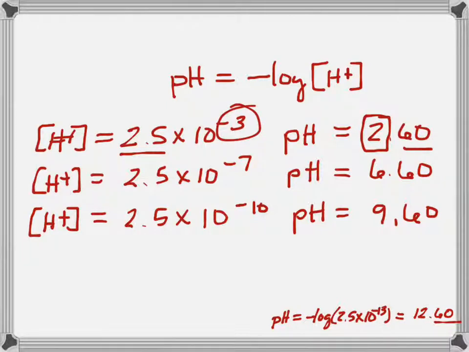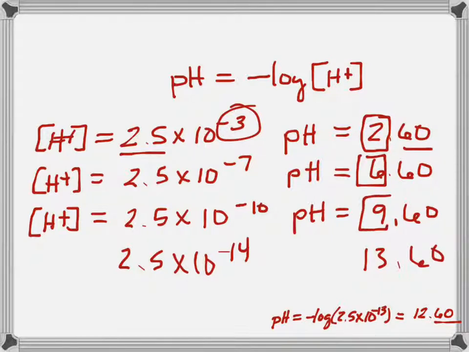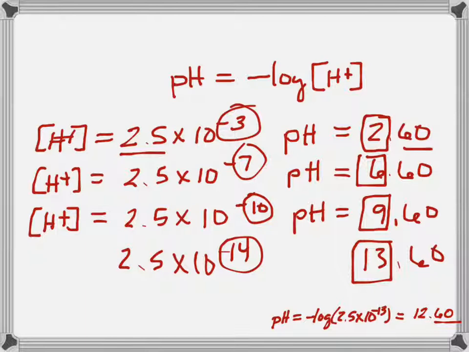So the numbers before the decimal point, if it was 2.5 times 10 to the minus 14, then it would be 13.60. Doesn't matter how many of them there are, but these numbers are not significant figures. They're place-holding zeros, essentially, because they come from this exponent. We don't consider those exponents to be significant figures.